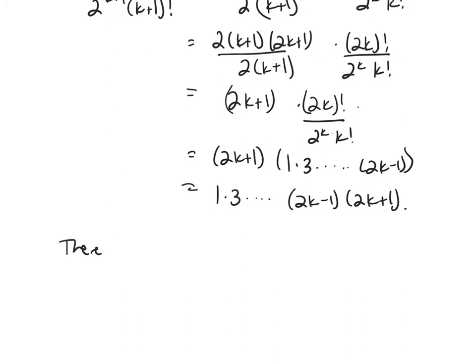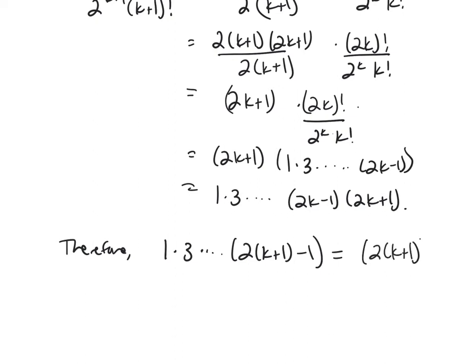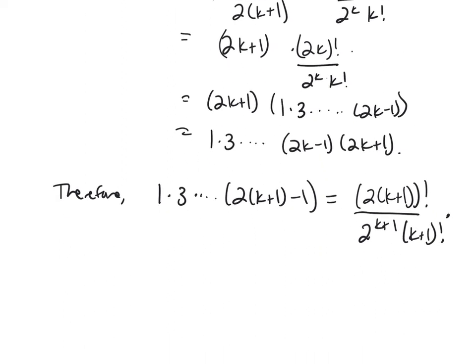Therefore, 1 times 3 all the way up to 2k plus 1 minus 1 equals 2k plus 1 factorial over 2 to the k plus 1 times k plus 1 factorial. And that completes our proof.